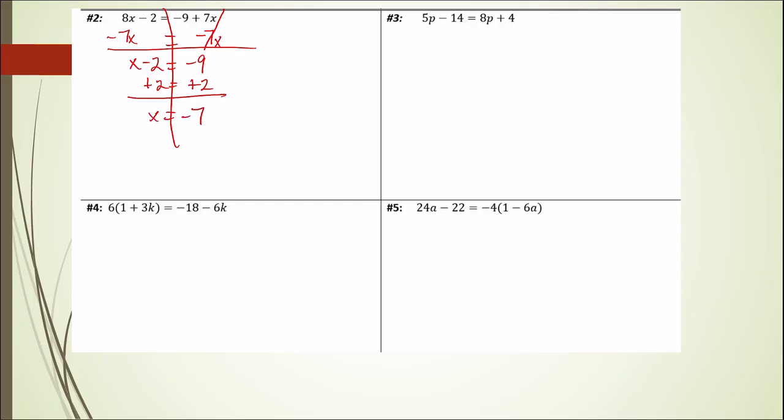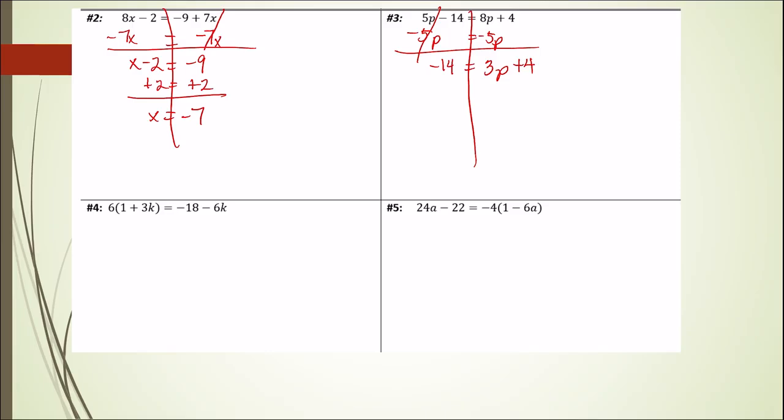All right, looking at the next one. 5p is fewer than 8p. So I'm going to subtract 5p from both sides, and I get -14 is equal to 3p plus 4.